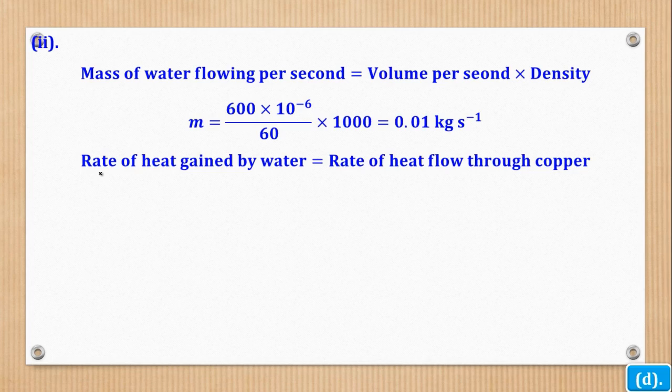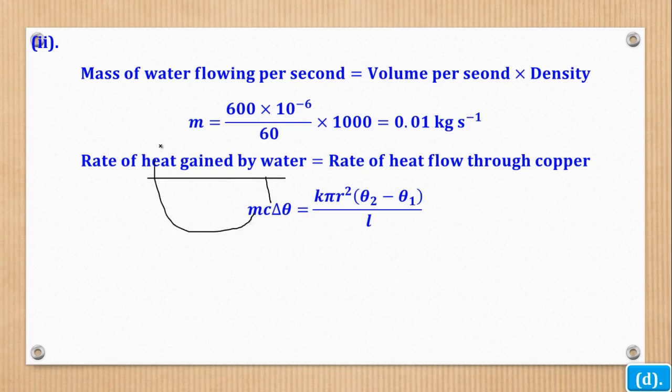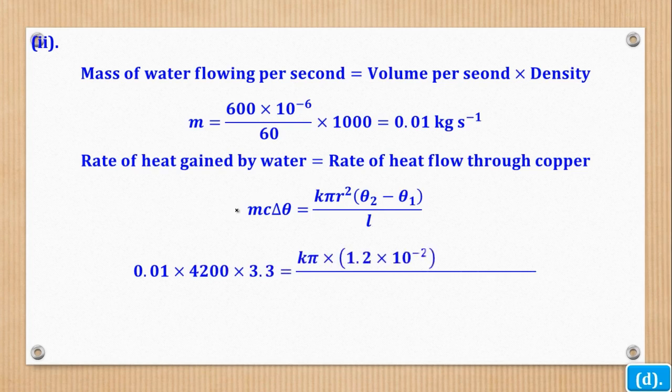So you come and say that the rate of heat gained by water is equal to the rate of heat flow through the copper. Rate of heat gained is given by that, because now this is mass per second, and rate of heat flow is given by that. So KA, pi r squared is A, multiplied by the temperature gradient. Then I'll come and substitute mass per second, specific heat capacity, change in temperature.